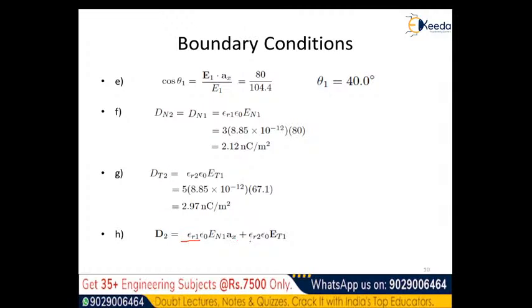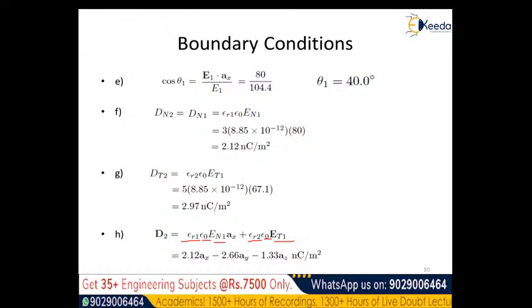here it will be 3, here it will be 5, epsilon 0 will be 8.854 into 10 to the power minus 12. En1, the vector quantity you can put from the first one here, so that it will be 80 ax, and Et1, the tangential component, you have the answer from part B, that is minus 60 ay minus 30 az.